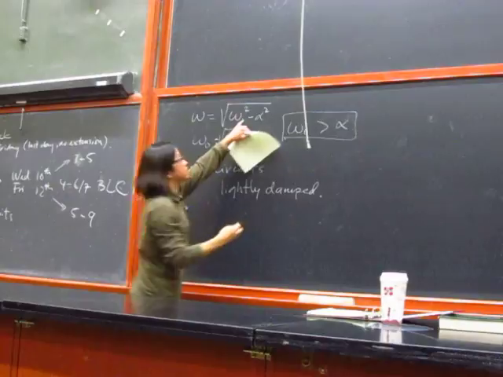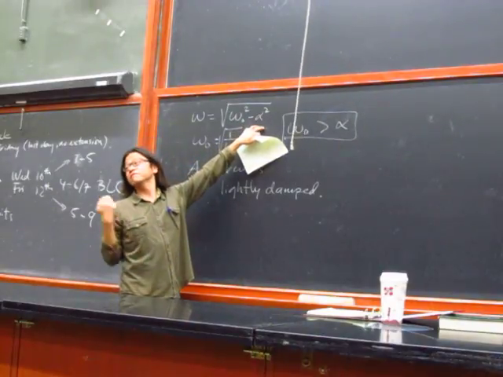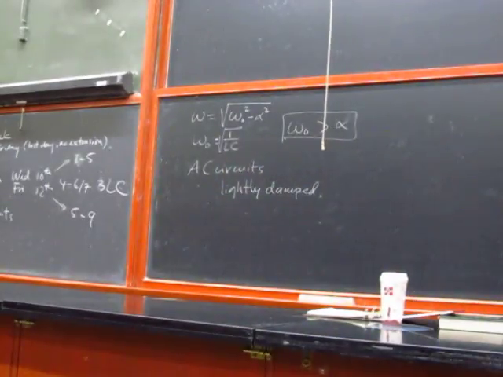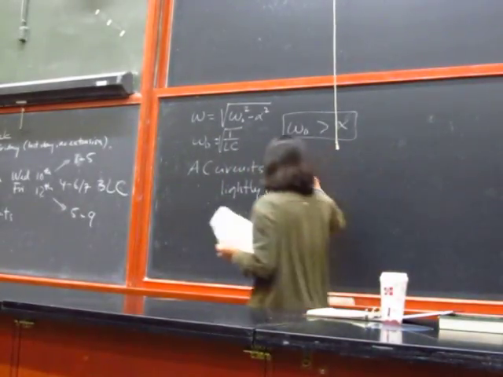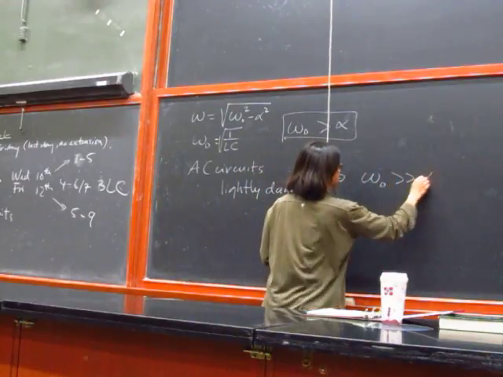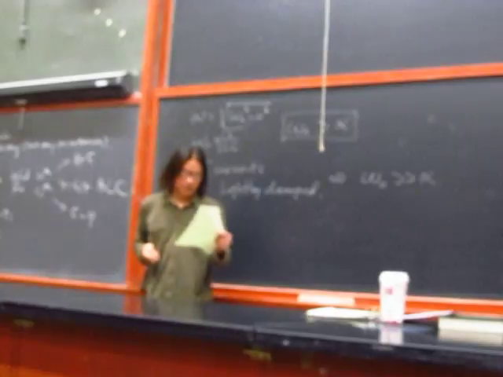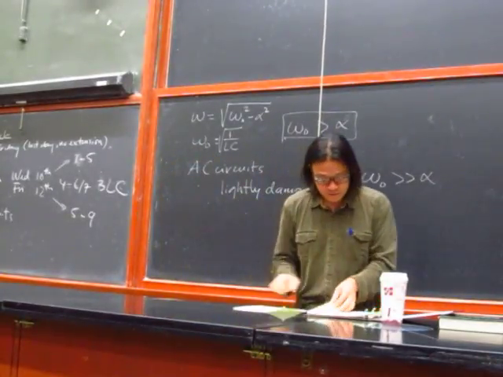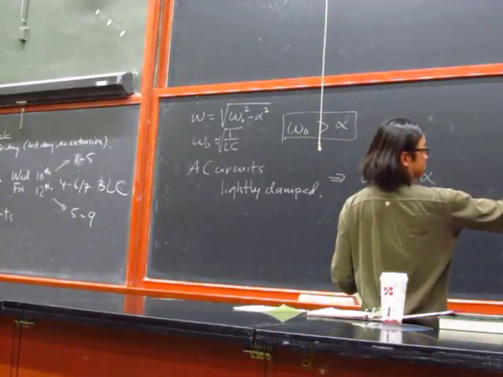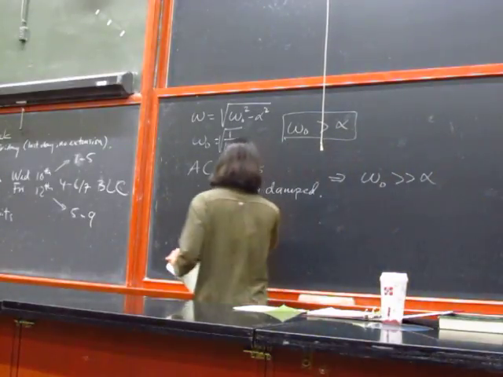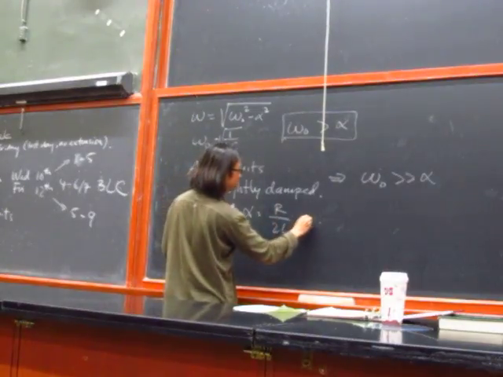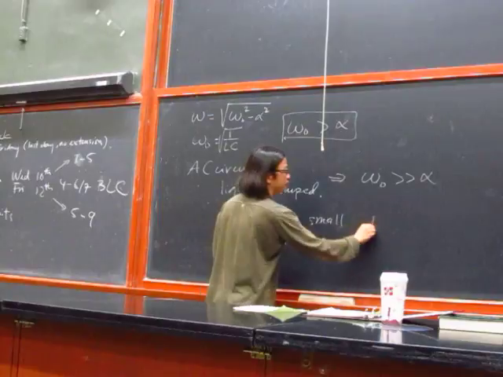Otherwise, the argument inside the square root is negative, and that would be a completely different solution. But in most cases of interest, omega naught is much larger than alpha, because that term alpha, which is R over 2L, is small, meaning that R is small.